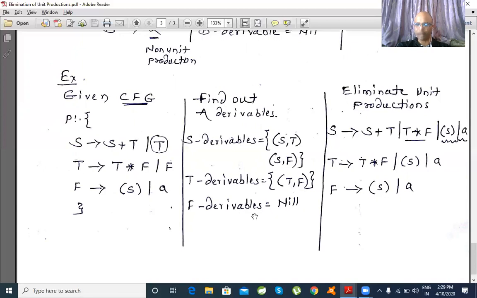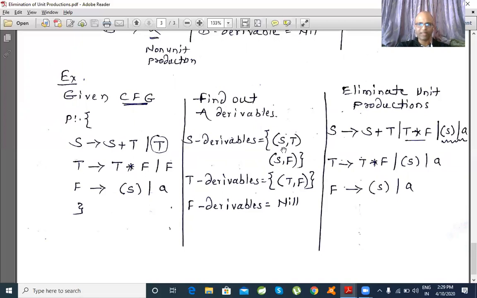It's a straightforward approach. Once you find out all the derivables for all the non-terminals which exist, now the procedure has come to eliminate these unit productions and rewrite this grammar something like this. If I take the first grammar, see I have two derivables. So whatever you see, instead of T, I need to replace whatever T is producing.